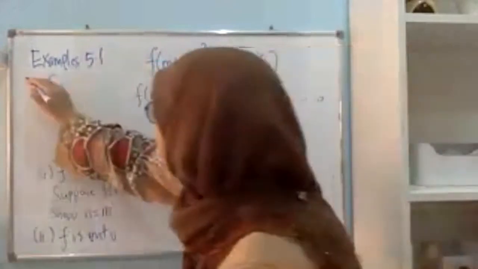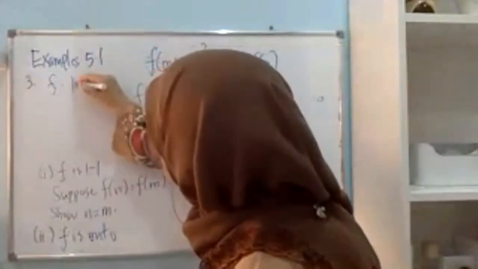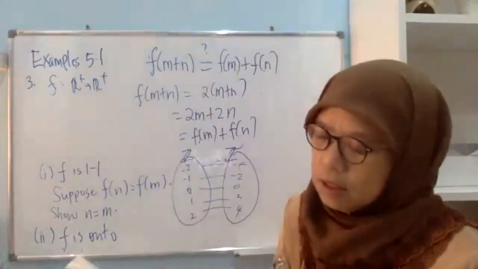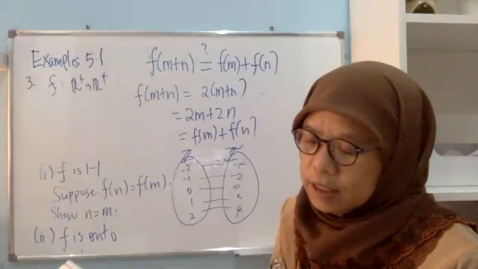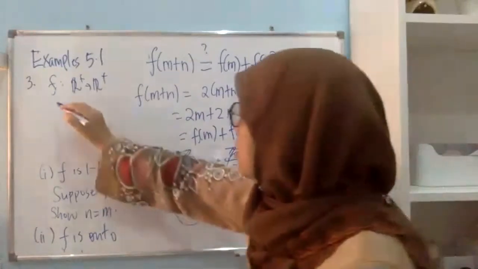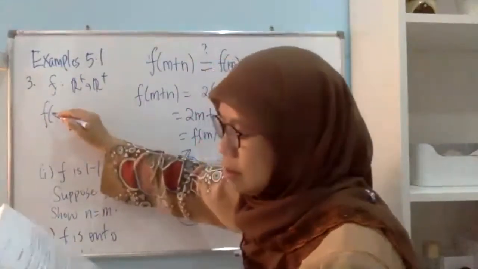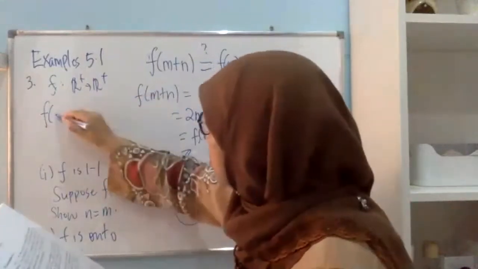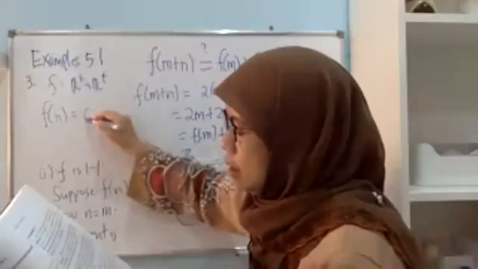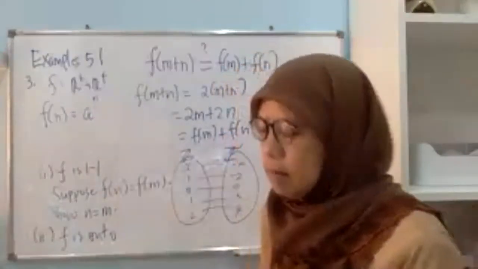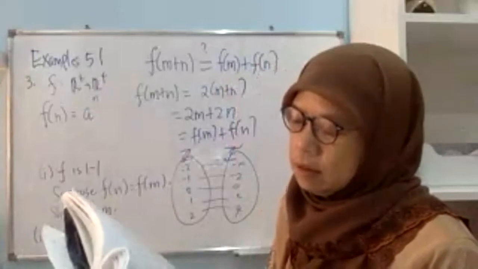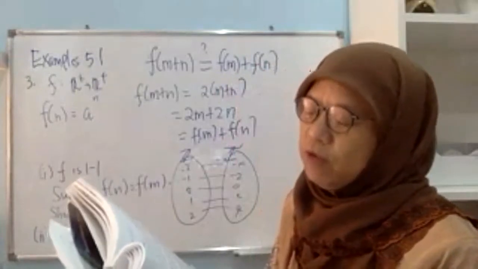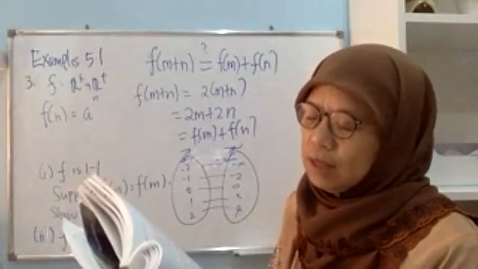Okay, number 3, positive real number. An integer n is mapped to a to the n. Oh, sorry. Group of integers to the group of non-zero real numbers.